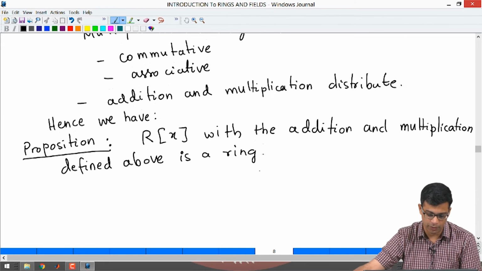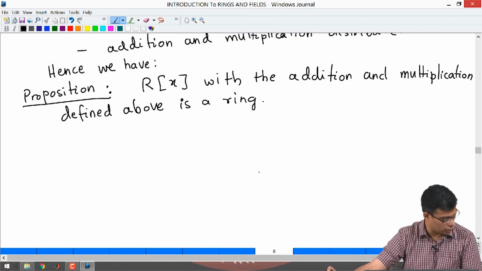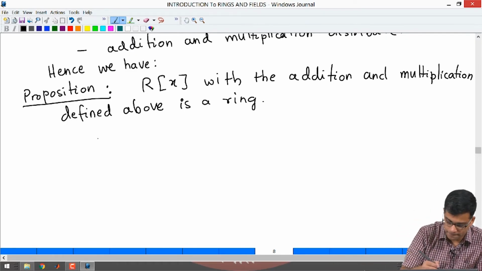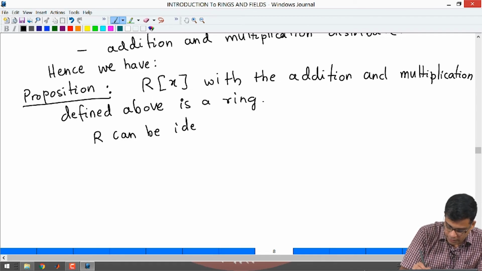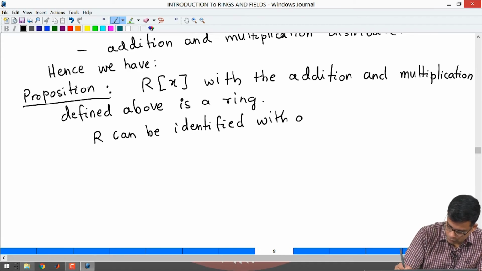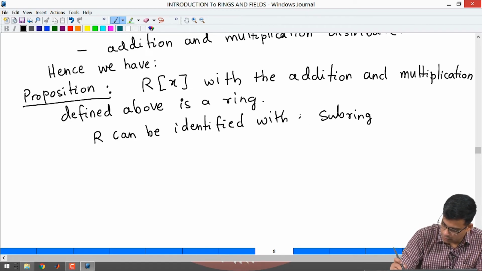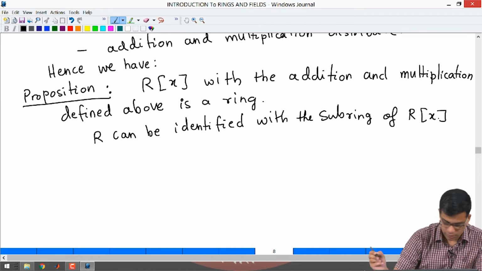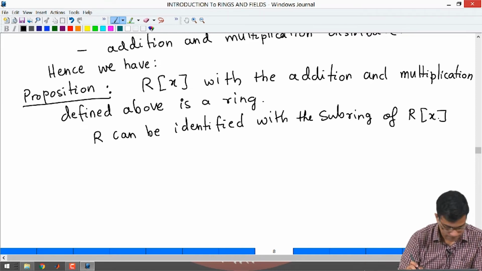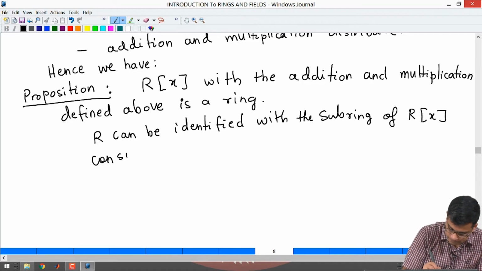We can add and multiply polynomials. So, it becomes a ring, it has all the required properties, and moreover R can be identified with the subring of R[x] consisting of constant polynomials.